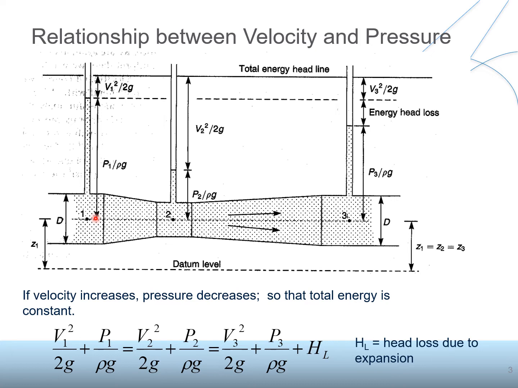Then that means there will be always some kind of energy head loss. So if you look at section 2 and 3, this is shown here. Obviously, between 1 and 2 will also be some kind of energy head loss, and so the total energy would be elevation head plus pressure head plus velocity head plus the head loss in the point in between.